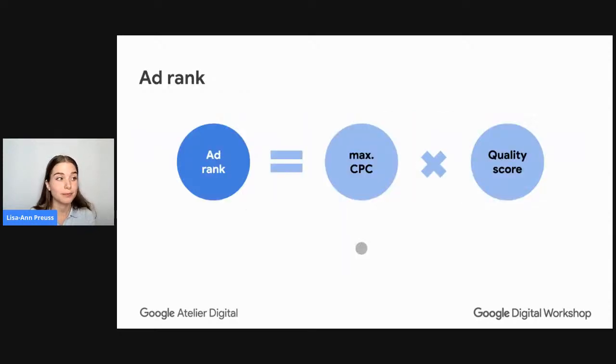In fact, what we see here will hopefully highlight that for you. Even if your max CPC bid stays the same and you work really hard on optimizing that quality score, what will happen is your ad rank will also go up, and you should see an improvement in your ad position.